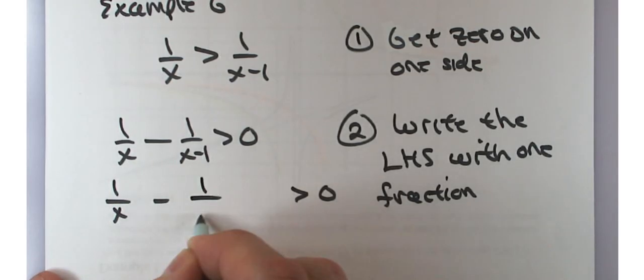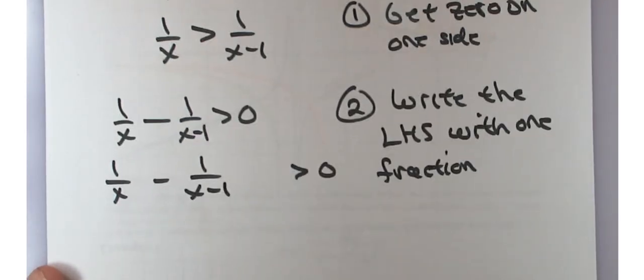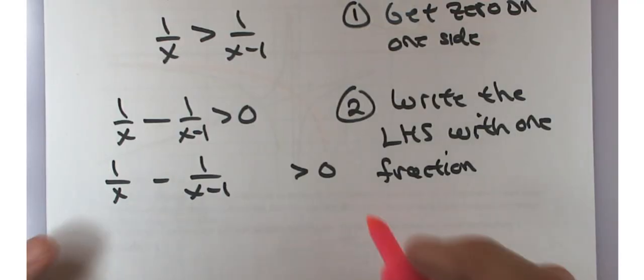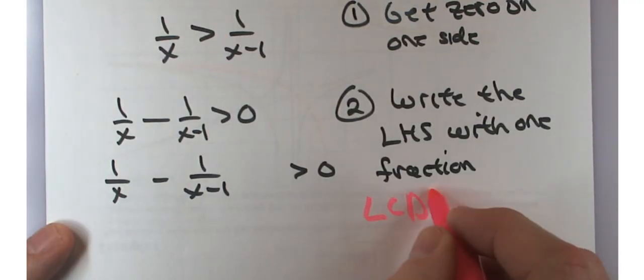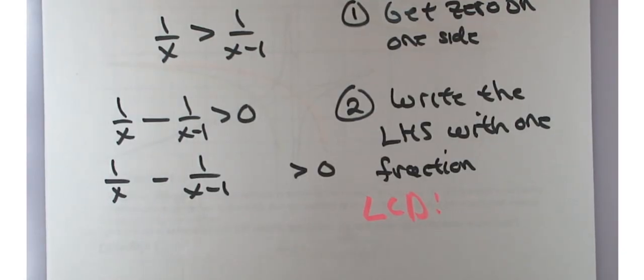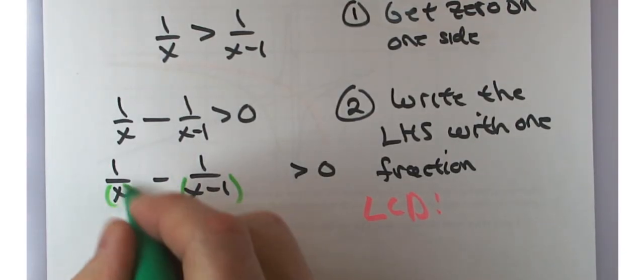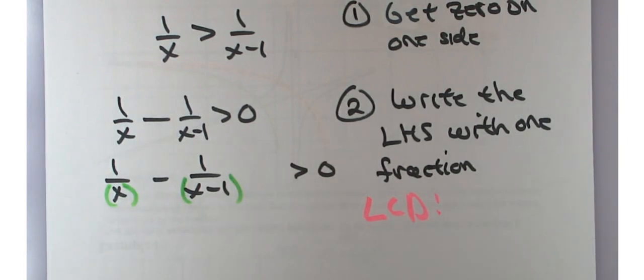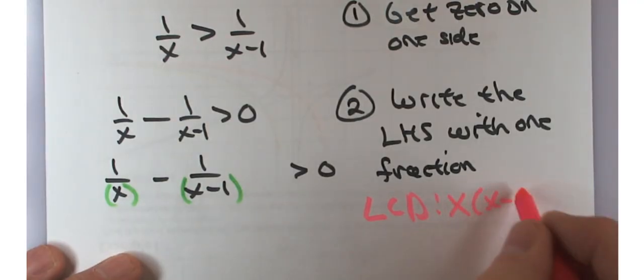Can anyone tell me? You're going to need a common denominator. So our LCD for this one is really going to be a product of two things, because I got a denominator here and a denominator here. So my product of those two things is really going to be x times x minus 1. That's my LCD.